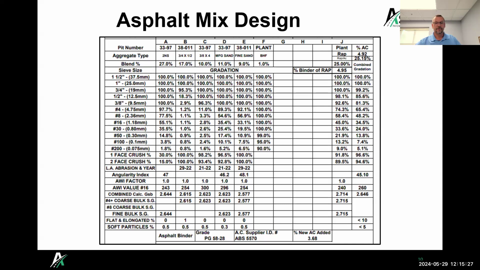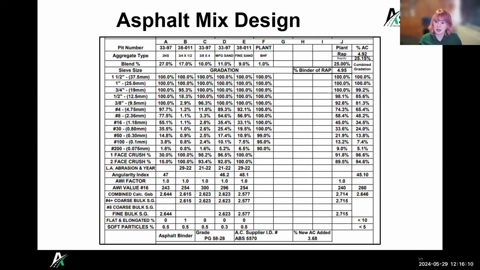Most mixes use multiple aggregates blended together to get the aggregate gradation that you want. So if you were adding fibers, you'd have to account for that in here, and it'd just be another column. Usually the wrap column is over here to the right. So you could add in the different things in here if you have other things that you're adding in. If you have add-ins that go into the liquid asphalt, then they wouldn't be listed in here. These are more for your dry add-ins that act more like an aggregate.